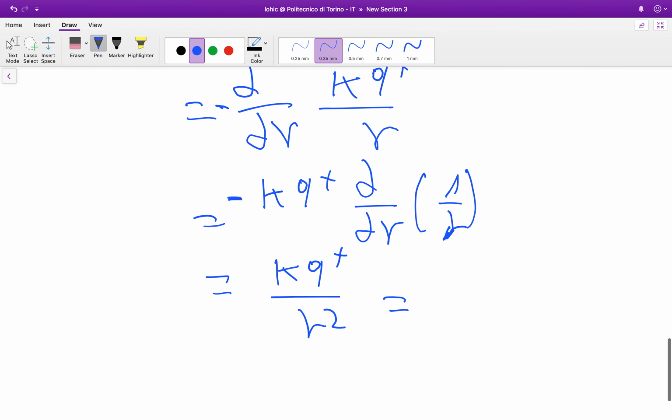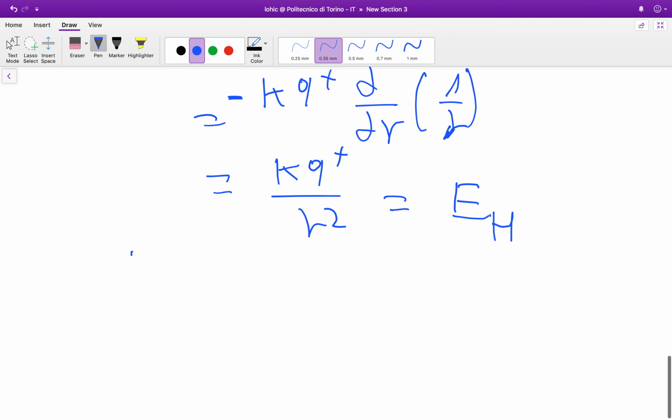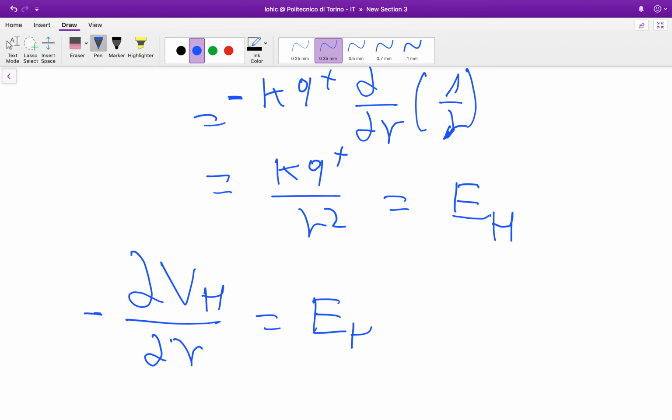But this is exactly the magnitude of the field at the point H. So what did we prove? We proved that minus the derivative of the electric potential with respect to R at every point is equal to the electric field.